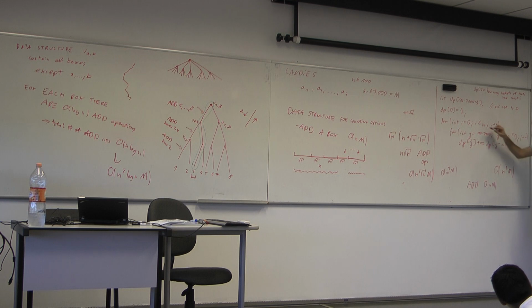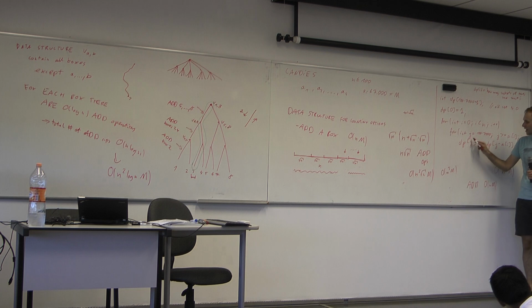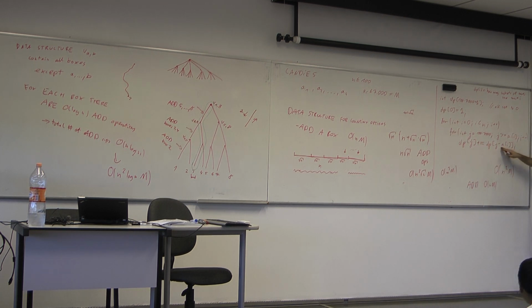Here, I'm adding one box, and in order to check options whose sum is j, I have my box of size ai, and if it is possible to get this total size of boxes, and we have that many combinations, then from each of those combinations, together with the box of size ai, we get combinations of size j. So this number simply has to be added to this one in order to get what we need here.